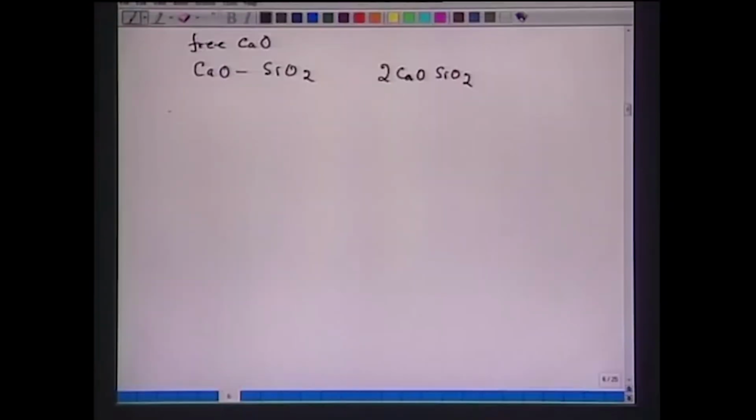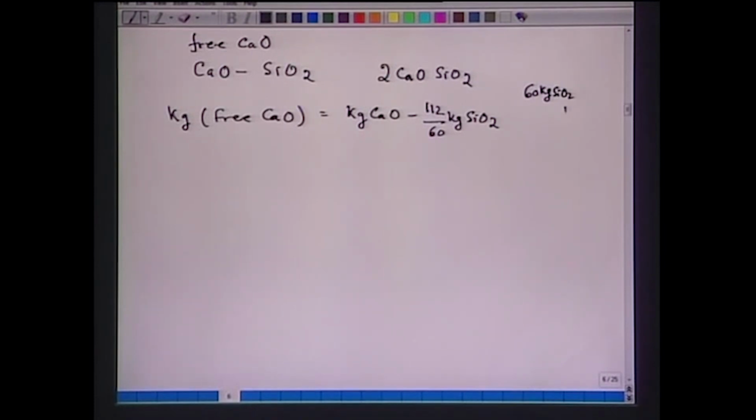So, if I want to define free CaO in kg, that will be equal to kg CaO added minus 112 upon 60 kg SiO2. Since 60 kg SiO2 needs 112 kg of calcium oxide, this equation comes.